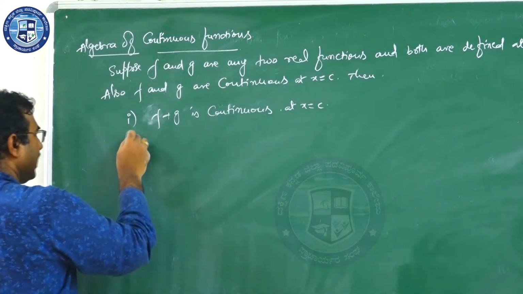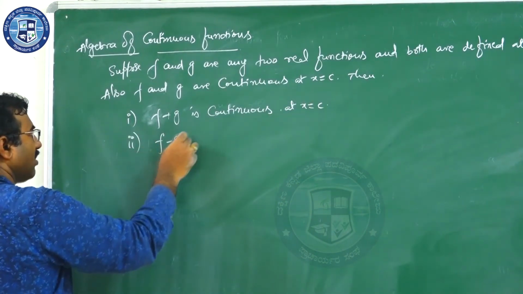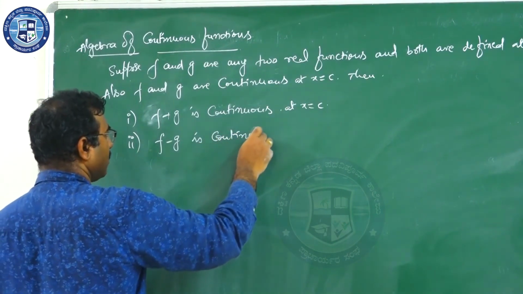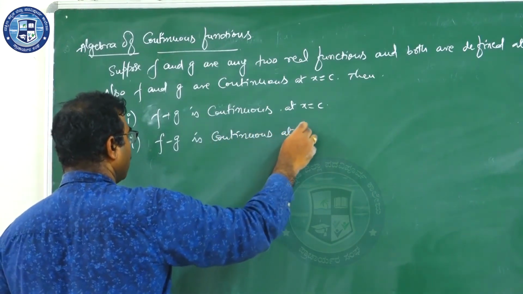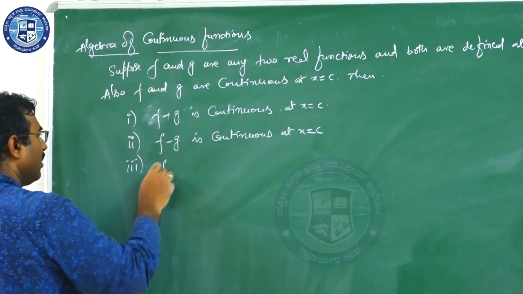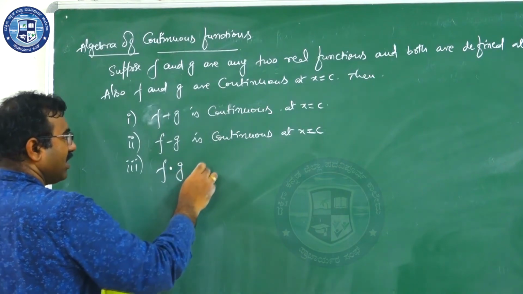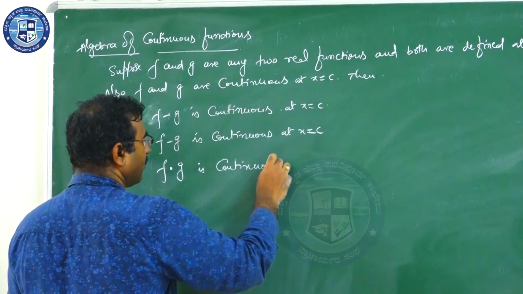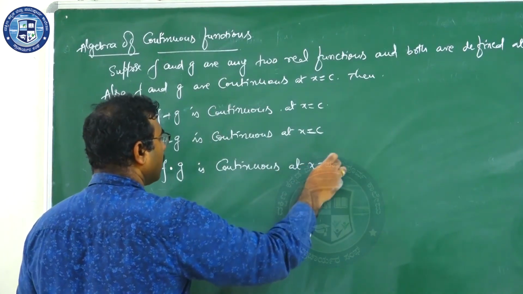Second, f minus g is also continuous at x equal to c. Third, f into g is also continuous at x equal to c.